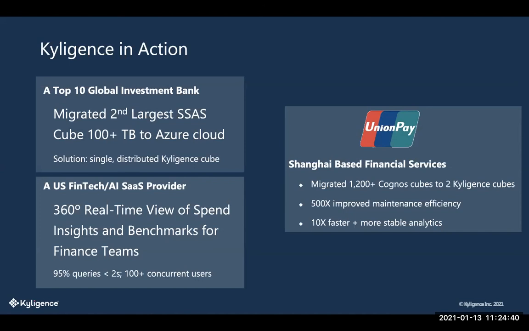So the full-blown Kyligence platform is not just about connecting Excel and Snowflake, but making Snowflake queries go way faster, even on huge, petabyte data warehouses in Snowflake, but also in cloud storage like S3 or Azure data lake storage and so forth.